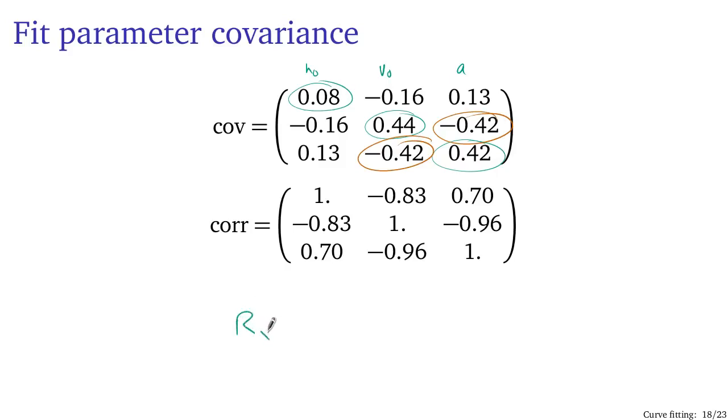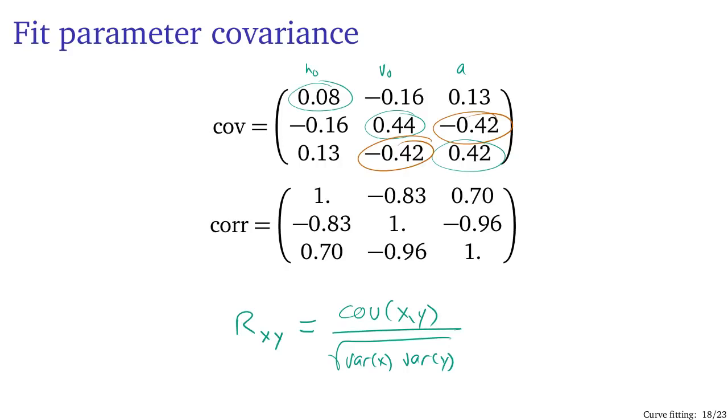The correlation coefficient between two variables, x and y, or two data columns, x and y, is the covariance of x and y, just divided by the square root of the variance of x and the variance of y computed separately. So it's basically a normalization of the covariance. In this case, the fact that these numbers are so close to 1, where something is perfectly correlated with itself, this is a very high correlation coefficient, meaning that these fit result parameters are expected to be tightly coupled.